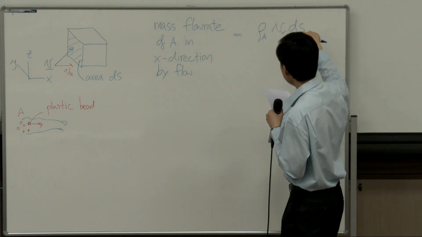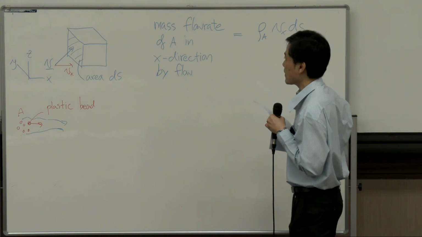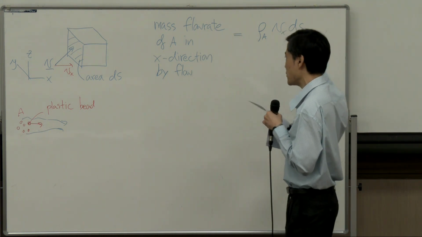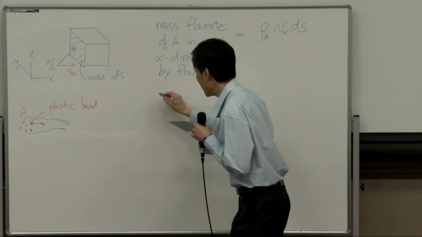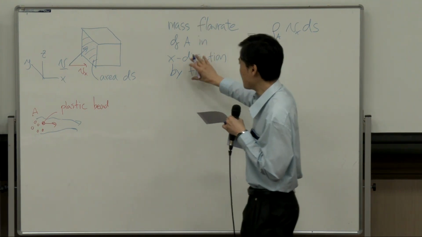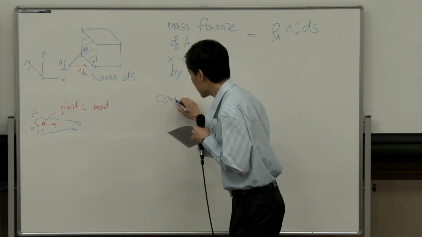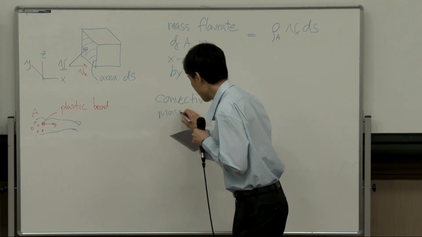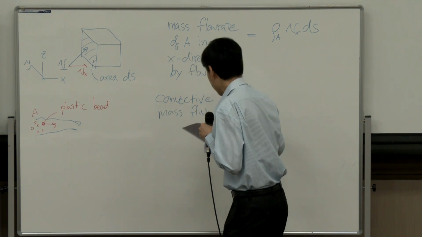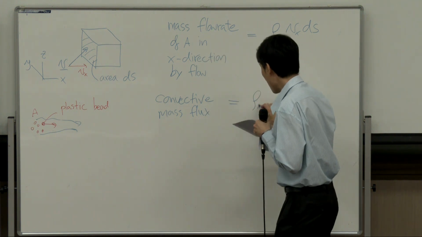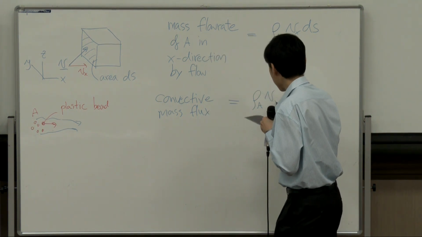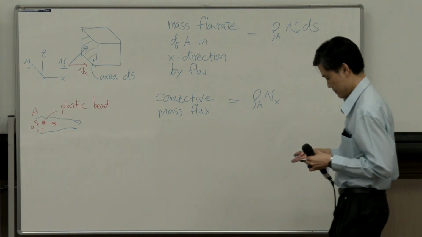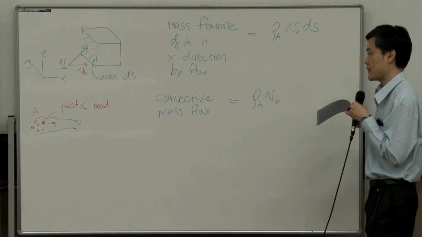So if I take this dS to the left-hand side, I have mass flow rate per unit area. That would be mass flux. And it is done by the flow. So this is convective mass flux. That would equal rho A times Vx. Okay?